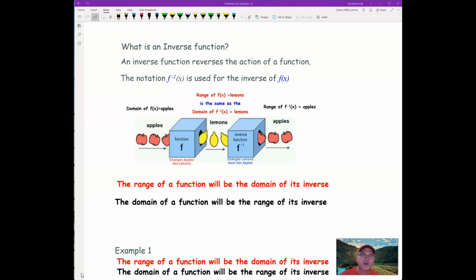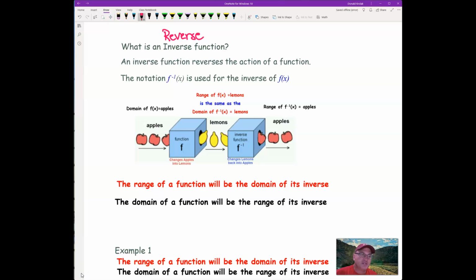Okay, now that we've identified what the identity function is, we're going to take a look at a different type of function that's related to it, known as the inverse function. Think of the word inverse like reverse. What an inverse function does is it reverses the action of a function.